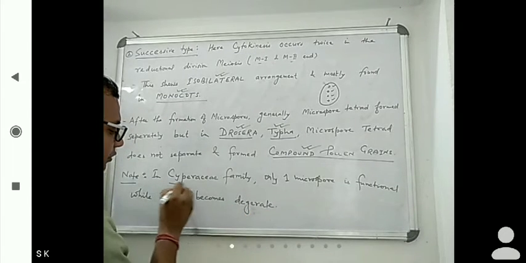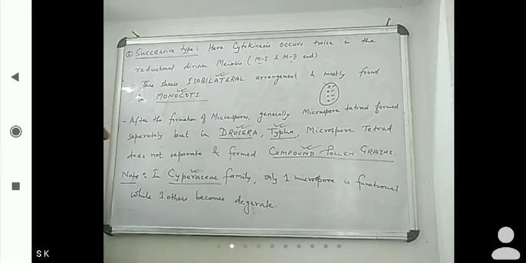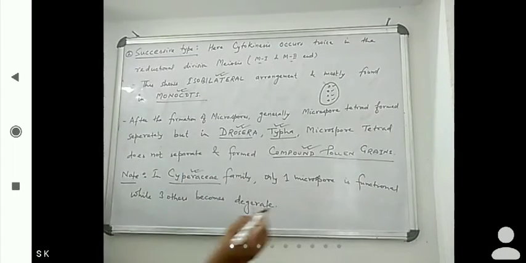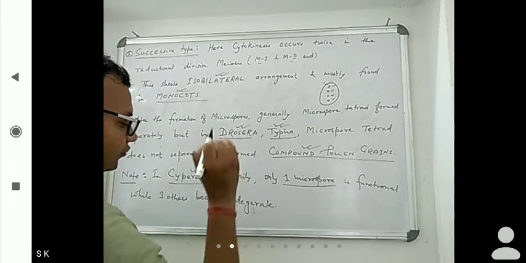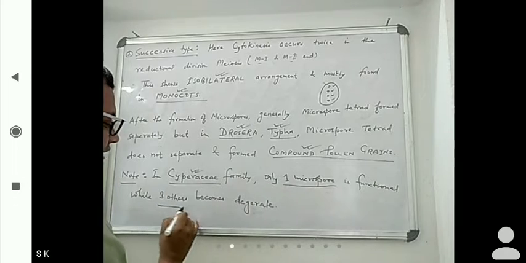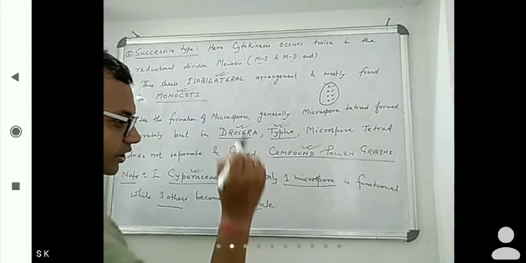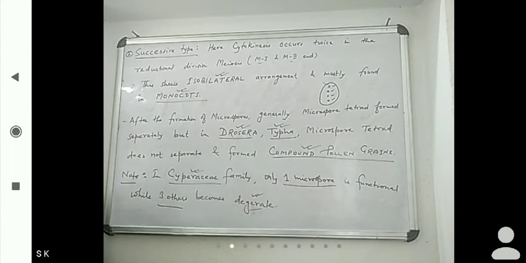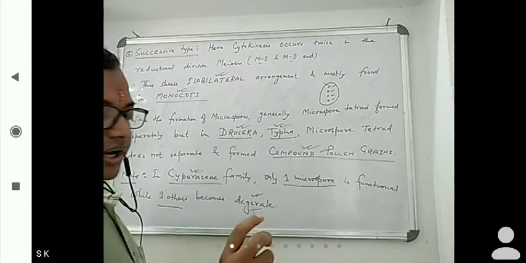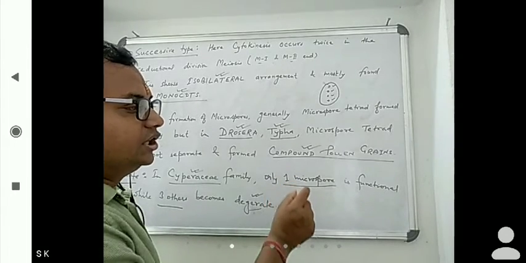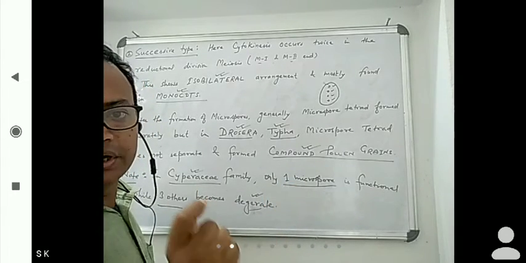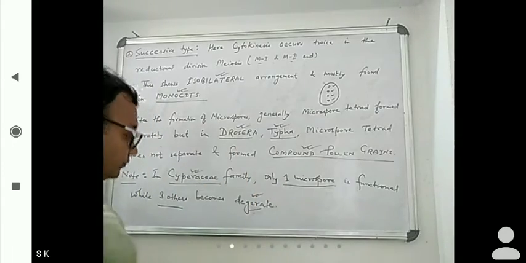This also you have to remember. In which family I told? Cyperaceae family, only one microspore is functional, and while three others becomes what? Degenerate. That you have to remember. Okay. Now, next we have to come on this microspore or pollen grain, some feature.